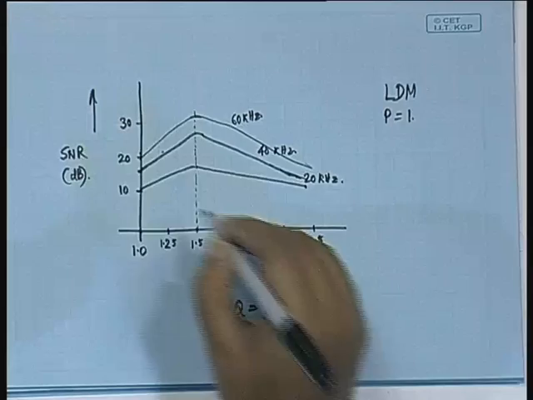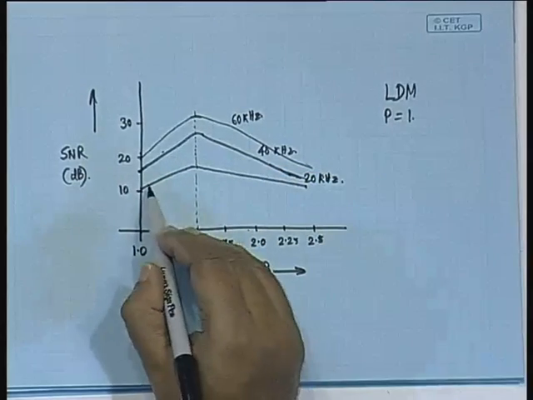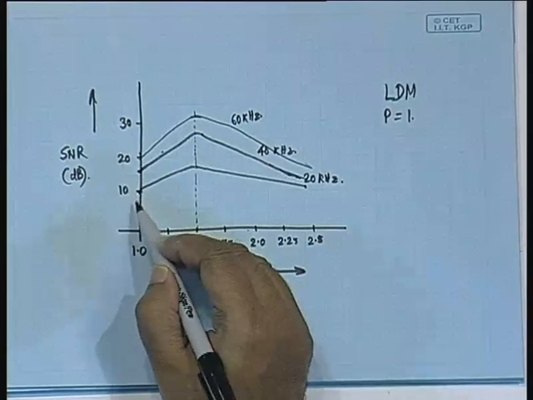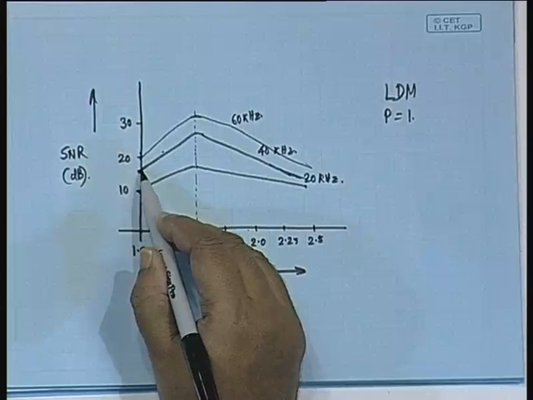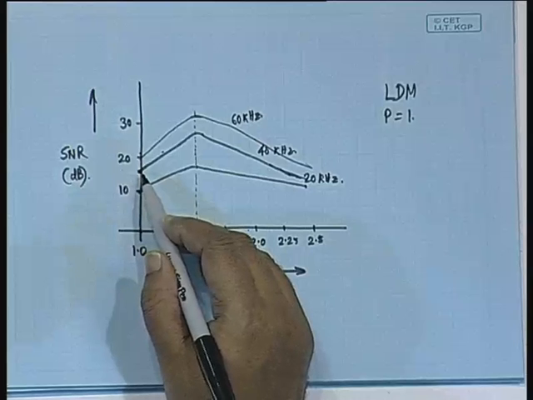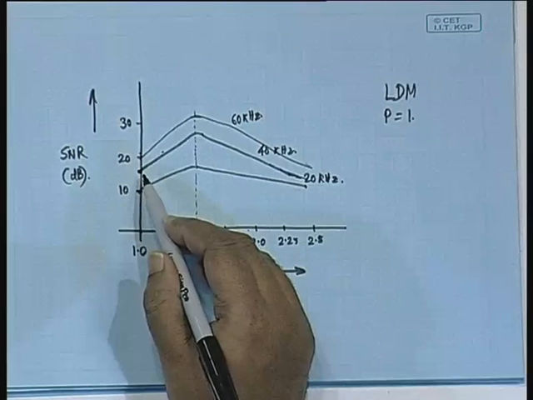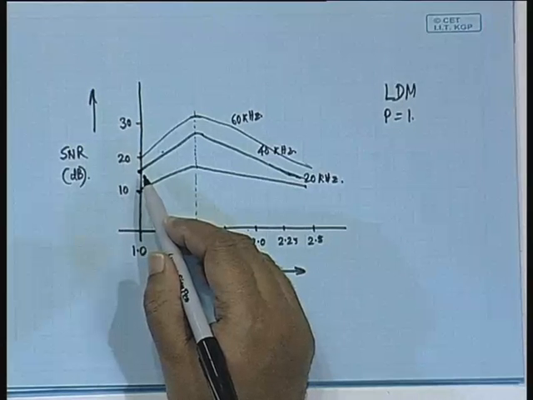Now, what we observe with P equal to 1 is that at 20 kilohertz sampling rate the SNR is 10 dB, and with 40 kilohertz sampling rate it is 16 dB. Because when we increase the sampling rate by 2, or increase the bits per sample by 2, we improve the signal to noise ratio by around 6 dB.